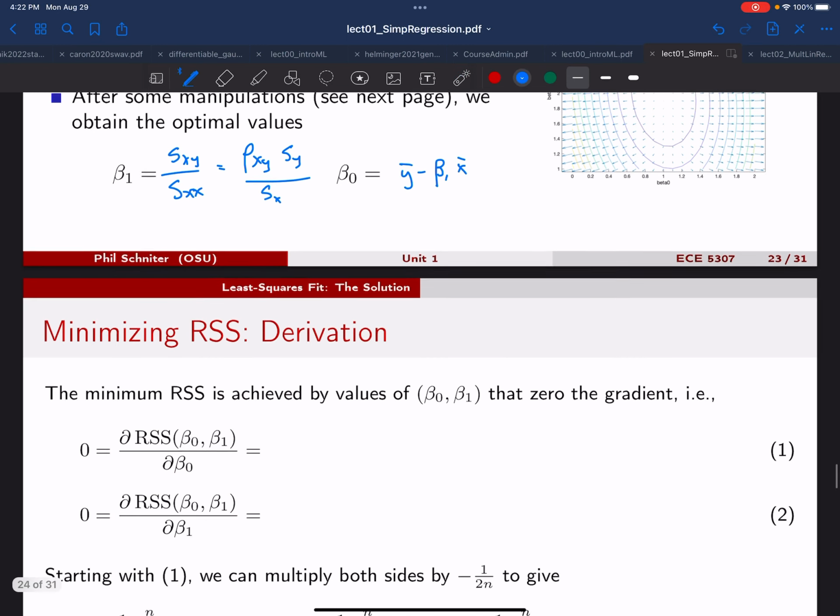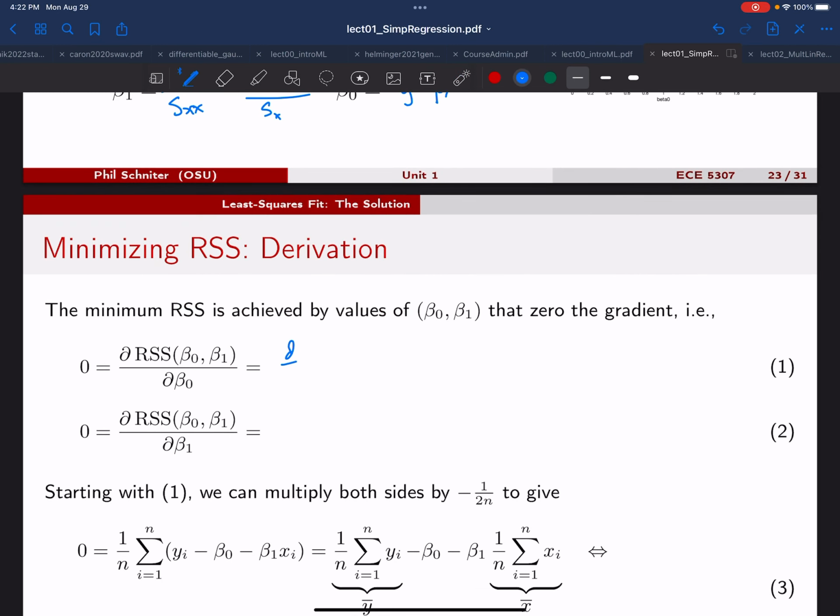So what we need to do is d beta 0 of, now I'm going to plug in our loss function, and I'm going to expand it so that it depends on the betas. Okay, if you remember this thing here, this is minus y hat i. That's the prediction that you get from xi when your model parameters are beta 0 and beta 1.